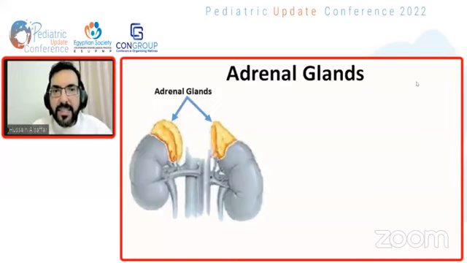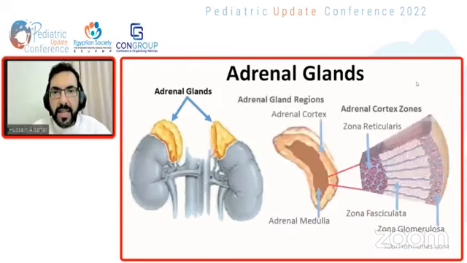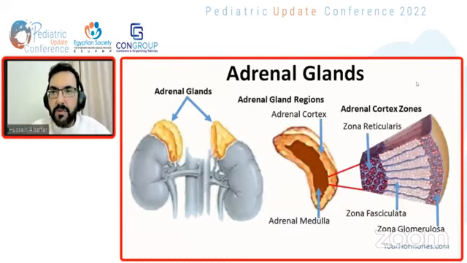So adrenal glands are on the top of the kidneys, as everyone knows, and each gland weighs about 4 grams. But yet this gland is very important for the body. It forms of the cortex and medulla. The cortex has got 3 layers, the zona reticularis and zona fasciculata and glomerulosa.